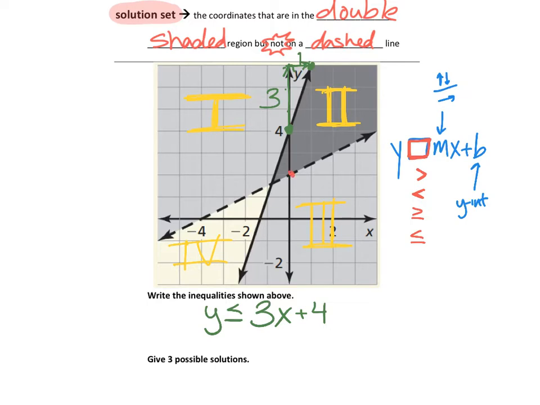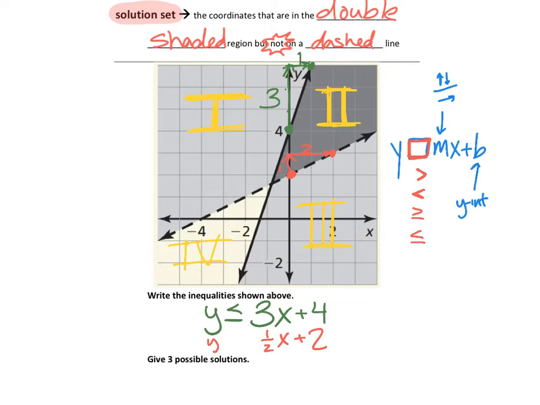Where do I begin for the dashed line? 2. So I know it's going to be plus 2 at the very end. And if I find another point, all I need to do is count the rise and the run between these 2 points. So to get there, I would go up how many? 1. And over 2. Up 1 and to the right 2 gives me a slope of 1/2. All we have to do is choose a symbol. This one is dashed, so will it have the line underneath it?